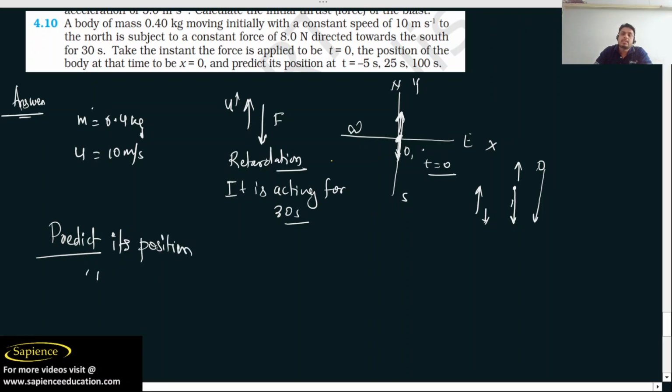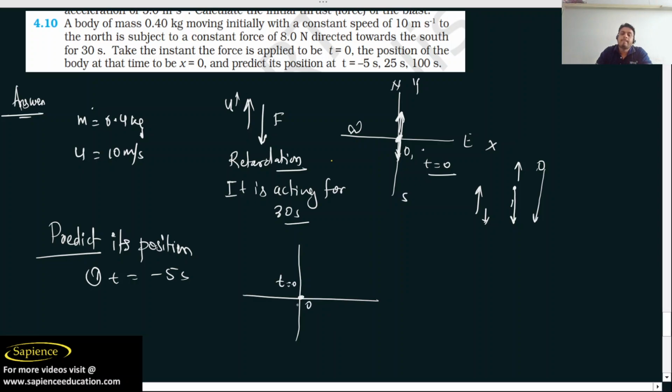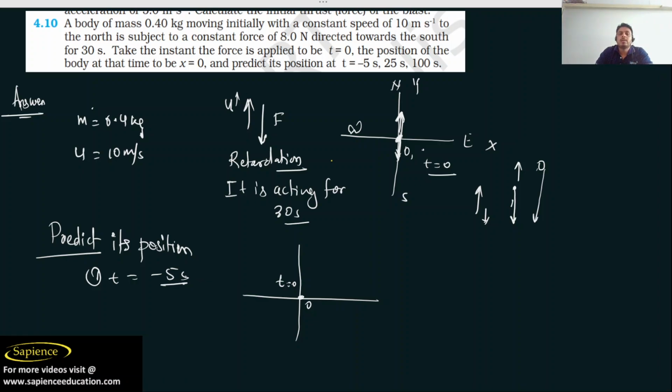So first case, t is equal to minus 5 second. So let us consider this is a graph. At t equal to 0, its position was 0. Okay, so at t equal to minus 5 second, what will be the position?